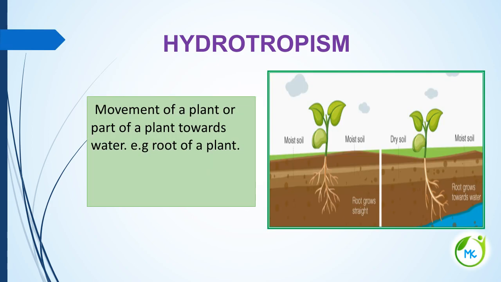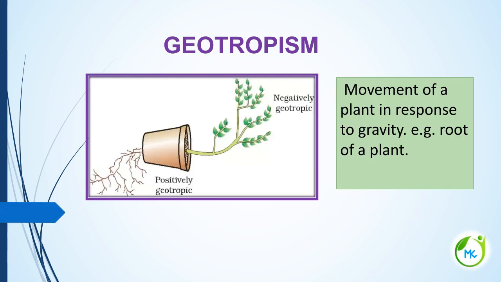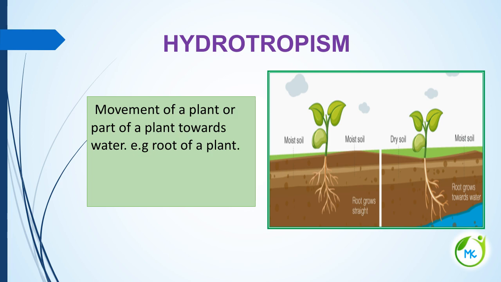The next kind of movement is hydrotropism. The word hydro refers to water. So the movement of a plant or a part of a plant towards water is called hydrotropism. So in this illustration you can see hydrotropism.